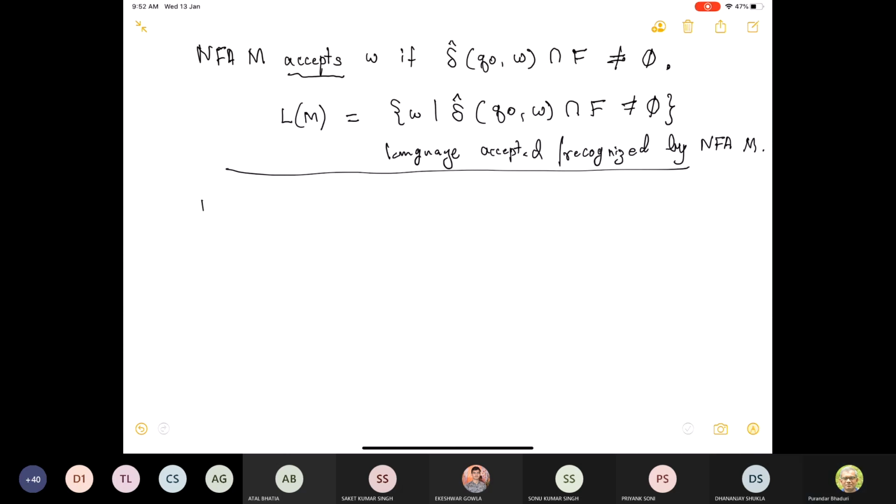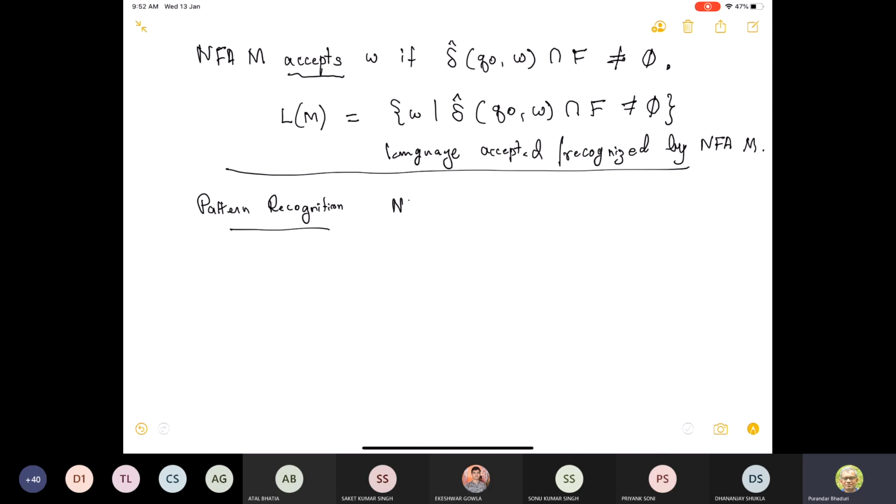Well, using this definition, pattern recognition is very simple, right?